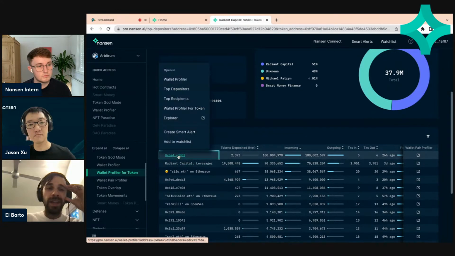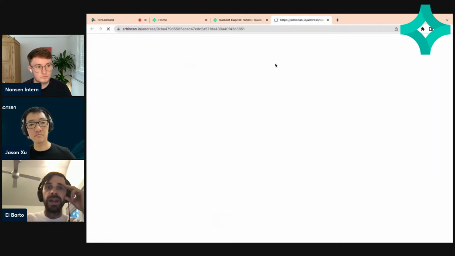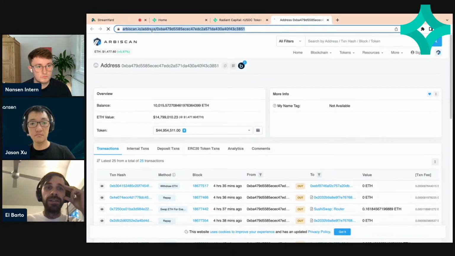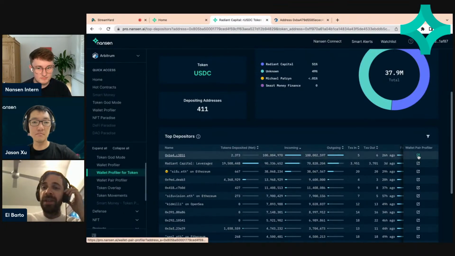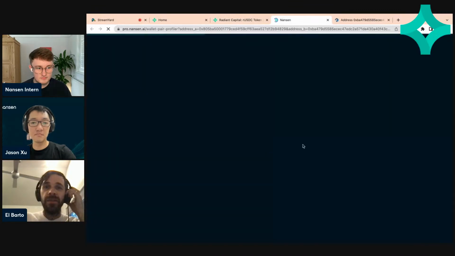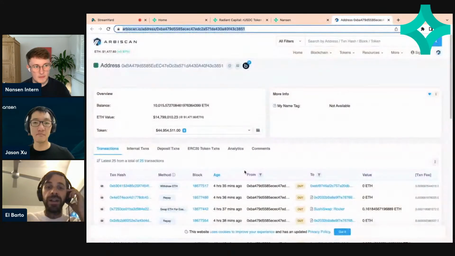And keeping with the tradition that we've established, there's this address 0xBA47 that deposited $100 million in, but has also pulled $100 million. You kind of want to see what is going on here.